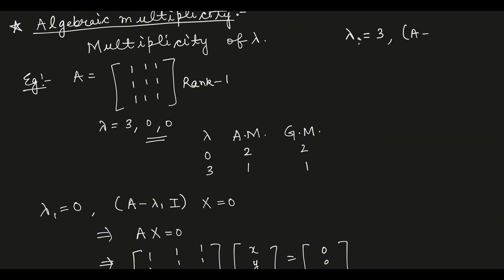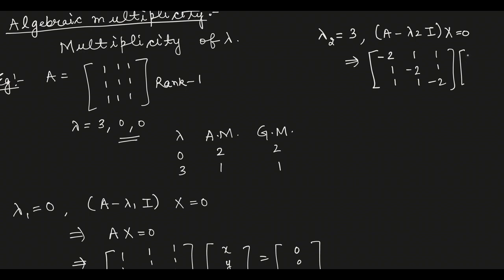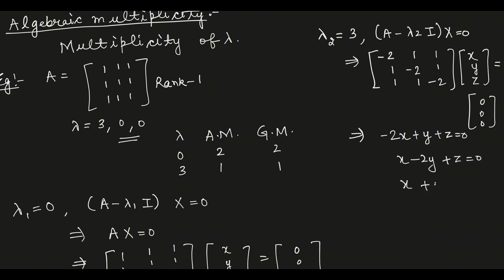So A minus lambda 2 I equal to 0. If you add these two equations, you will get 2x minus y minus z equal to 0.